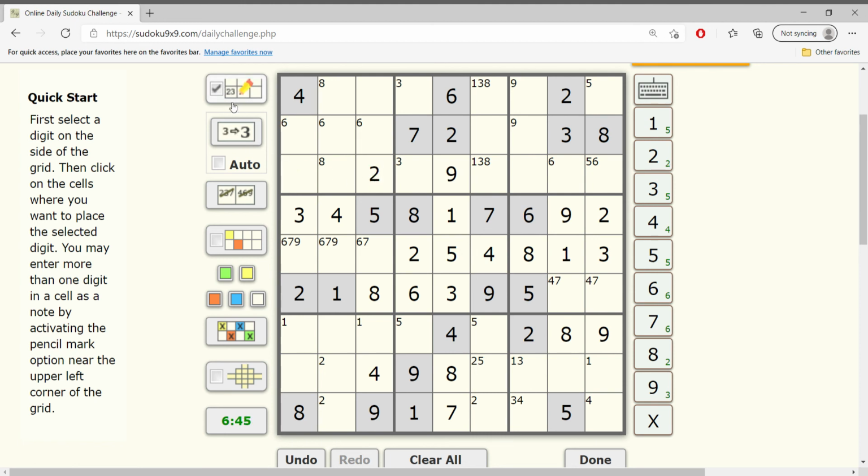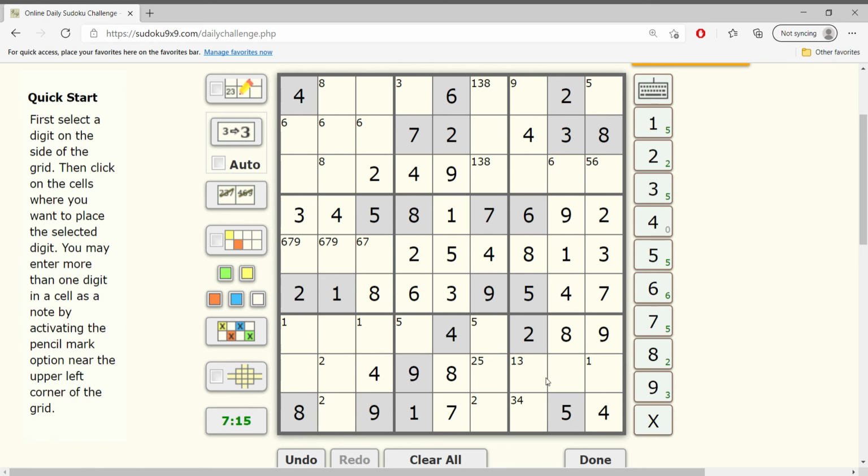And something else about 4. Yep, this is also 4. This is 4, and this is 4. So this cell cannot be 4. Only this cell can be 4. Therefore, this is 7, this is 4.